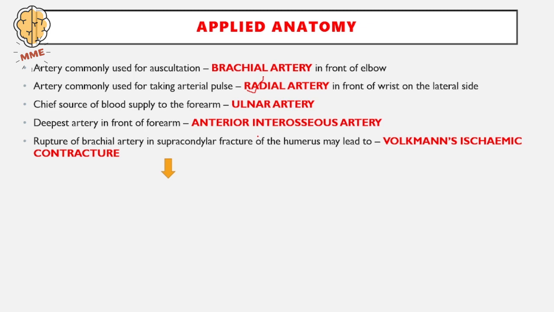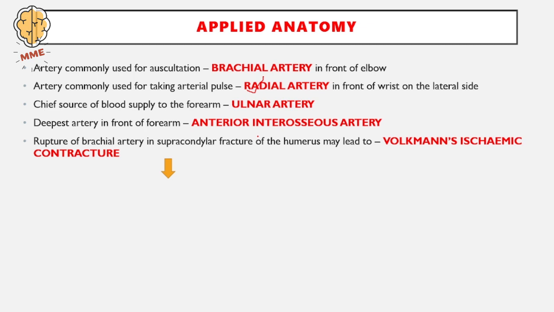Rupture of the brachial artery and supracondylar fracture of the humerus may lead to Volkmann's ischemic contracture. I told you previously that you might get a question on this. The question you will be given is: a 10 year old child had a fall on his outstretched hand and has been diagnosed with a supracondylar fracture of the humerus.